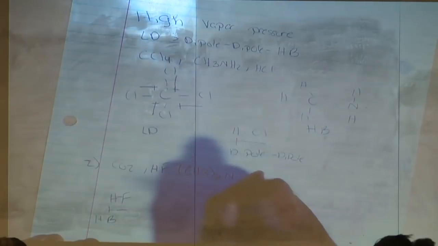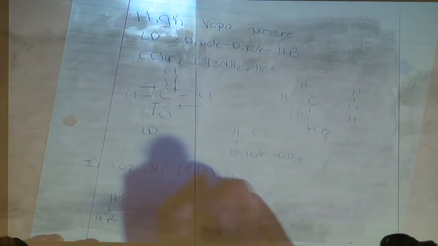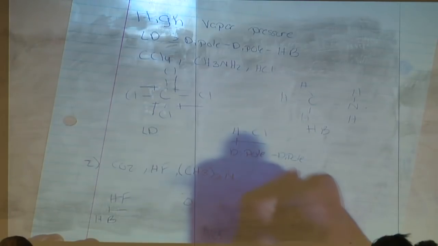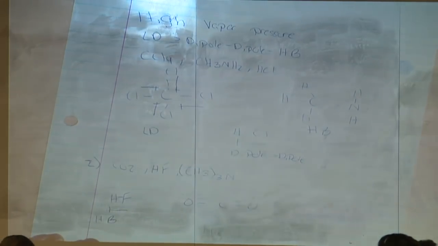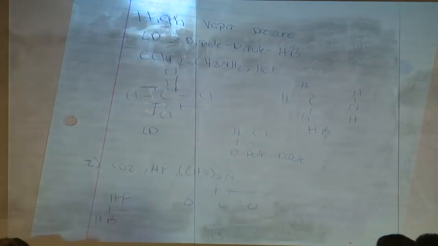Then we have CO2. So again, these are polar bonds, but because they go out this way, they cancel out. So this is London dispersion, even though these 2 bonds right here are both polar.